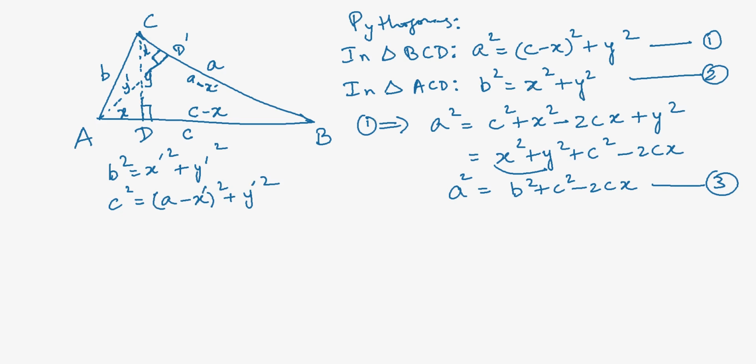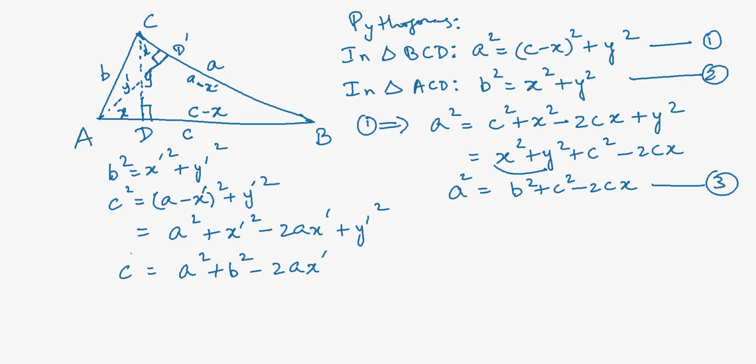Both should be prime. If you expand this, that will be a squared plus x prime squared minus 2a x prime plus y prime squared. So a squared combined with x prime squared and y prime squared, we can write as b squared minus 2a x prime. Do you see the beauty? We can call this equation 6, using equations 4 and 5.